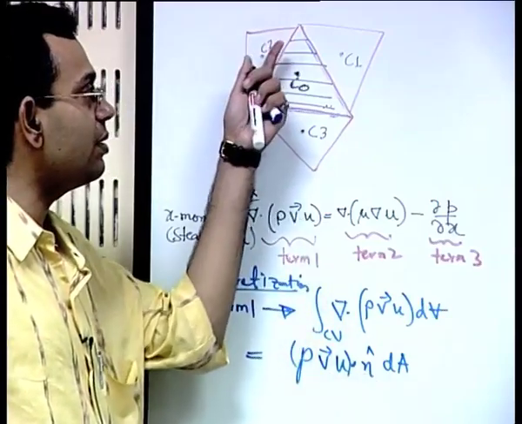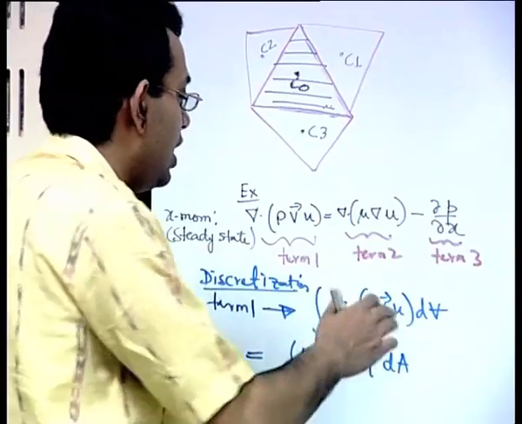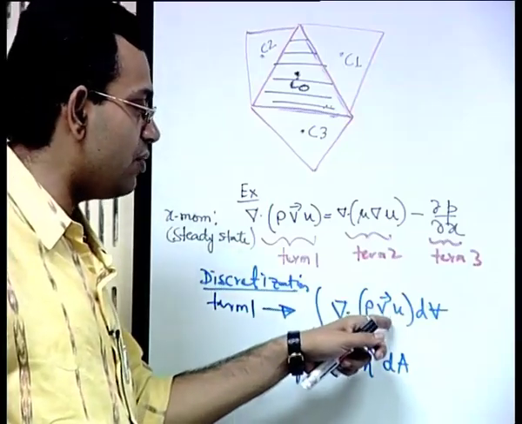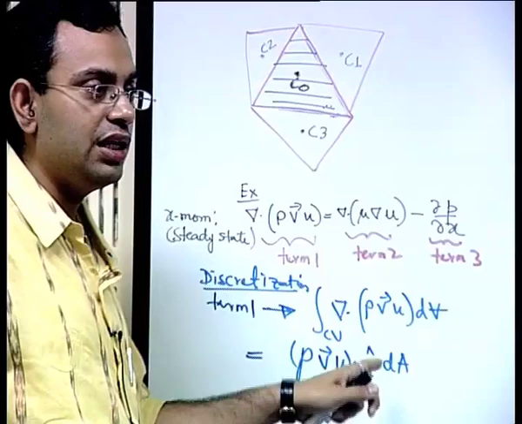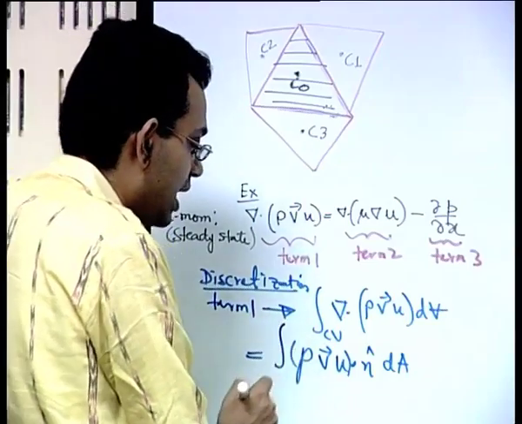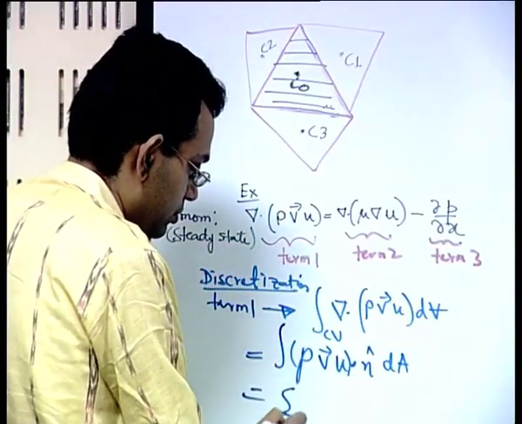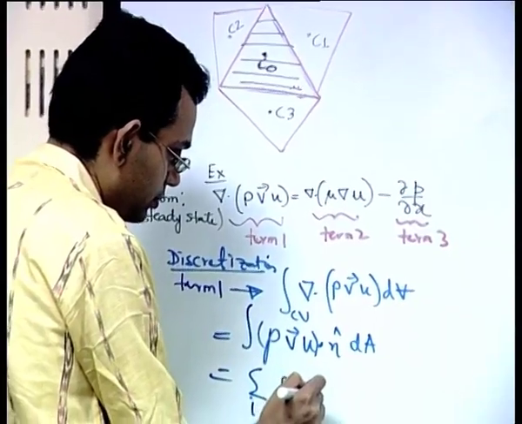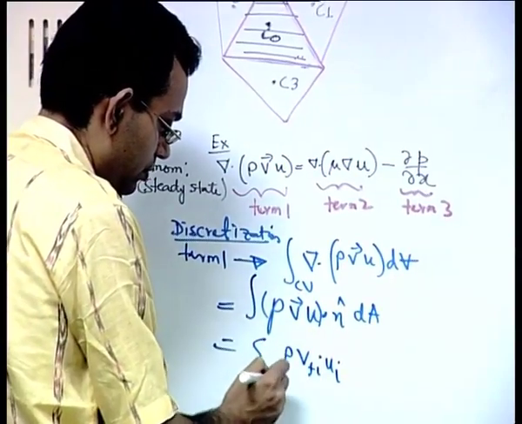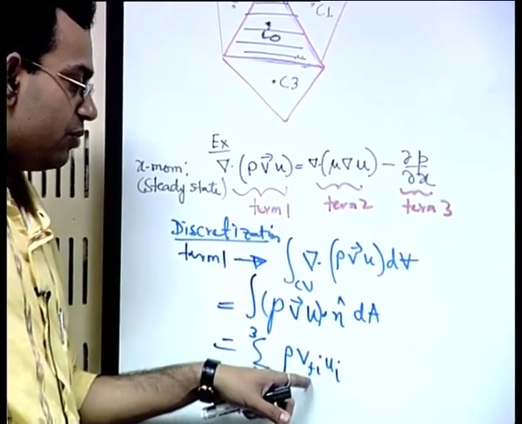So this triangle has how many bounding surfaces? It has 3 bounding surfaces. So each surface will have a normal direction, and we have used the divergence theorem to convert that volume integral into the area integral, and therefore we can discretize this as the sum of rho into Vfi, where what is Vf?